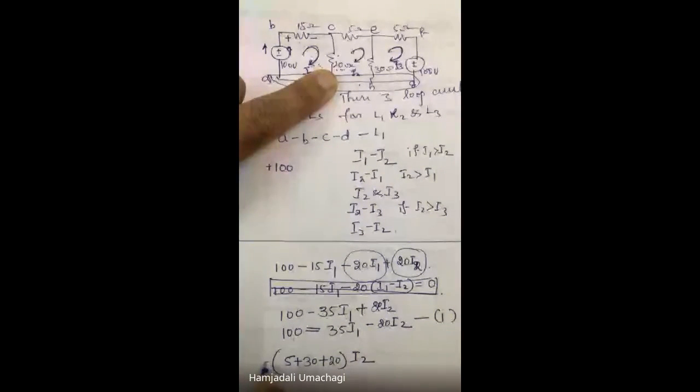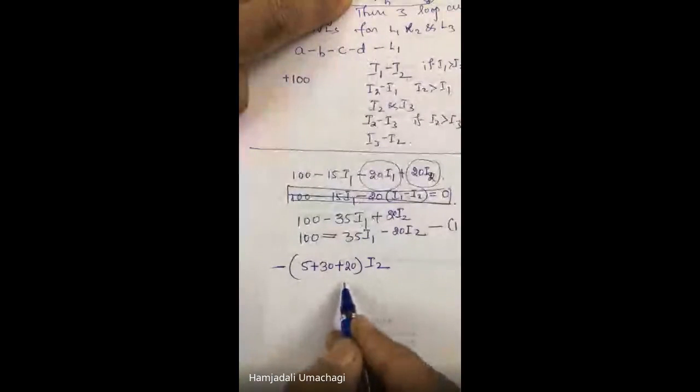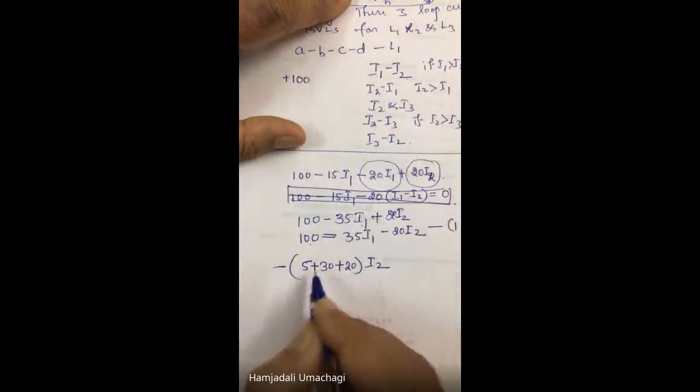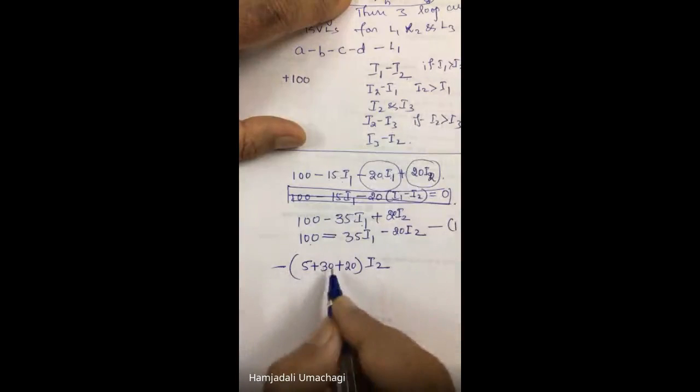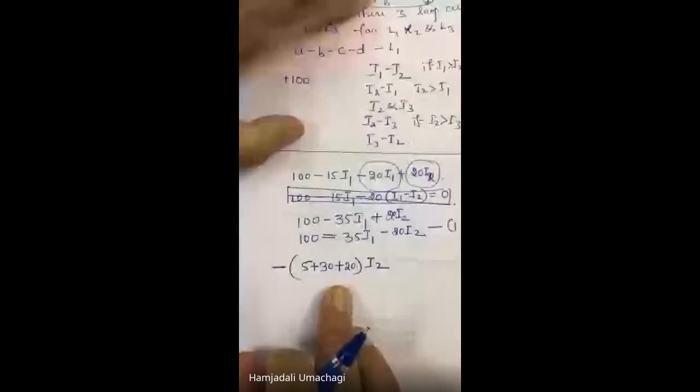This is negative. Instead of separating the terms, I clubbed all the resistors. Otherwise, what I would have written is minus 5 I2, minus 30 I2, minus 20 I2. So instead of writing separately, I clubbed all the resistors and took the negative sign outside, adding all the resistors in which current I2 is flowing.